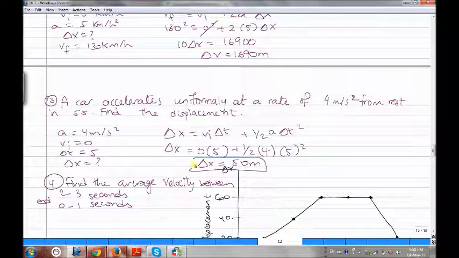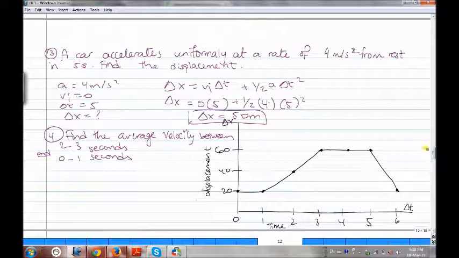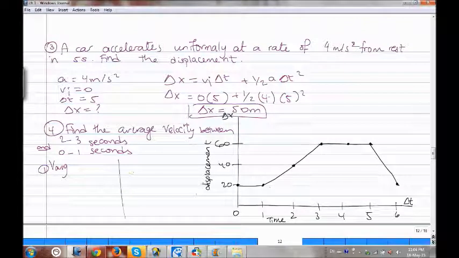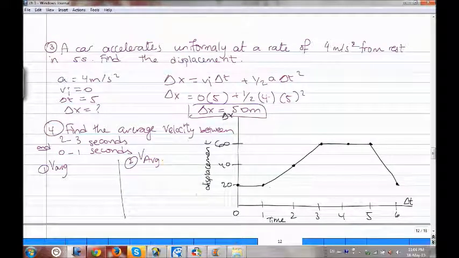So that's the answer. Now let's go to the last question for the one-dimensional motion, and there could also be other questions. Now we have to find the average velocity between 2 to 3 seconds, number 1, and the average velocity number 2. Let's start here first.